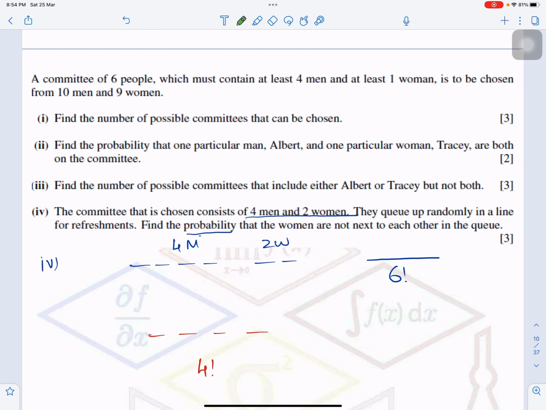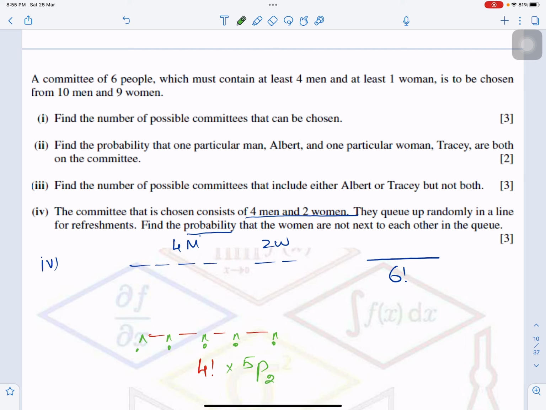Women who need to be separated must be in between or in the beginning or in the end. Only then they can be separated from each other, right? If they will be coming between where men are standing or in the beginning or end. So the possible positions are 1, 2, 3, 4, 5. So out of these 5 positions, they can fit on any 2 positions.